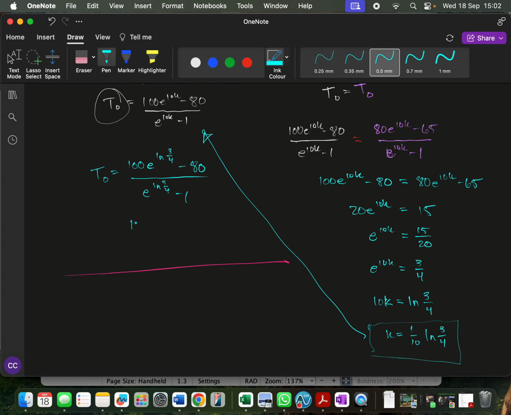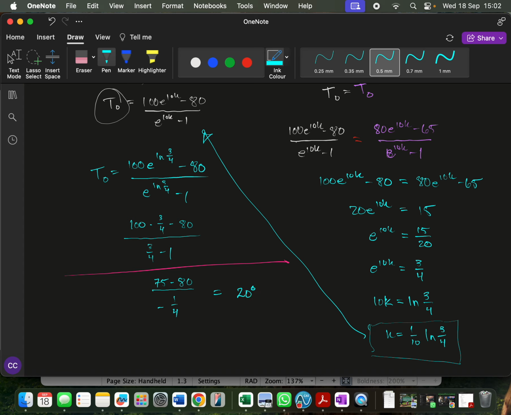So that would be 100 times 3/4 minus 80 all over 3/4 minus 1. 3/4 of 100 is 75. So 75 minus 80 all over negative 1/4. So my initial temperature is 20 degrees.